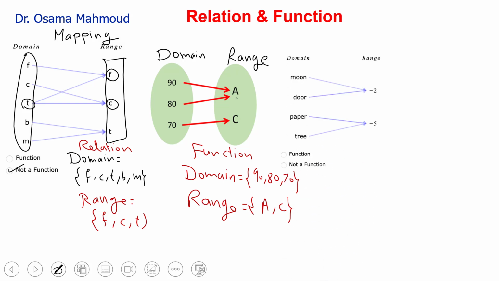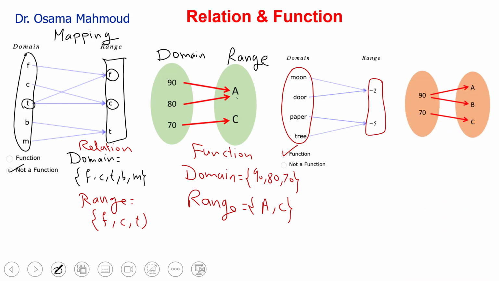Yeah, every element in the domain has only one image in the range. So, yes, it is a function. And the domain will be moon, door, paper, tree, and the range will be -2 and 5.